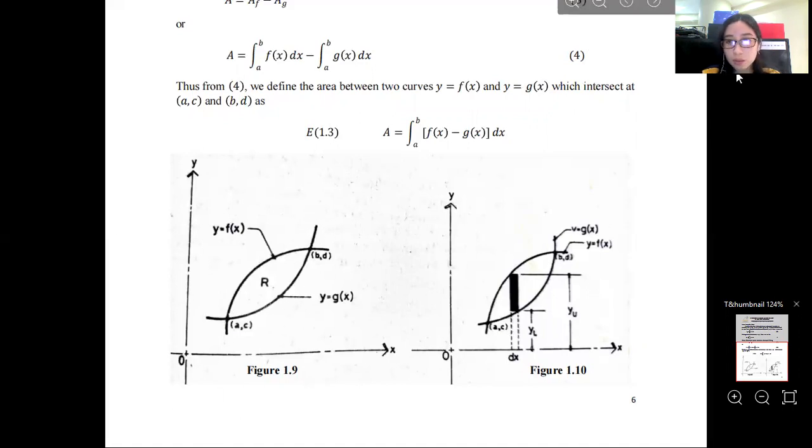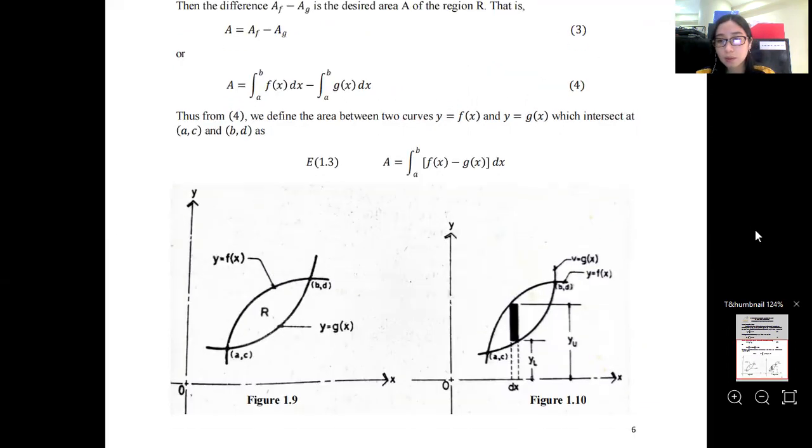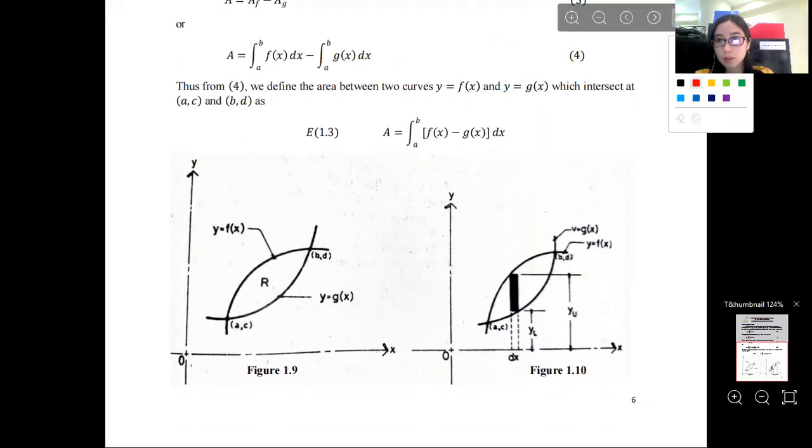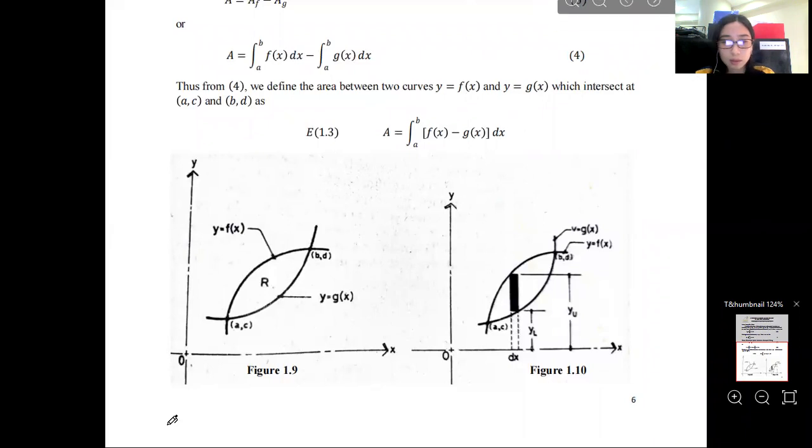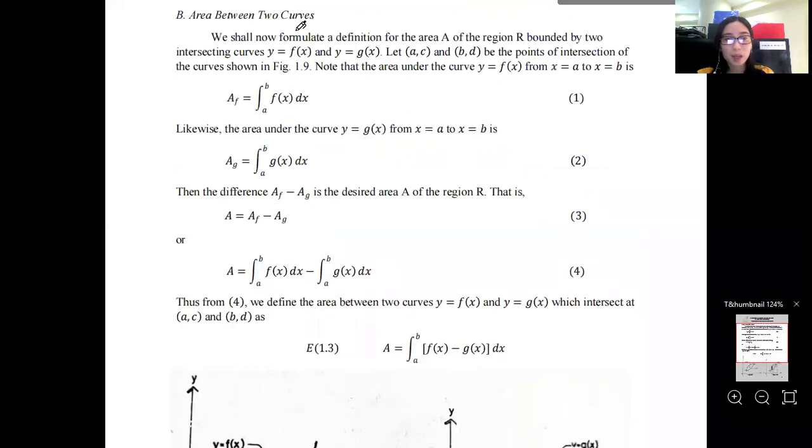Okay, so this is x equal to a and this one x equal to b.